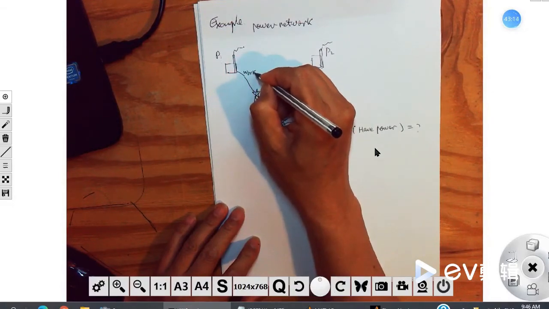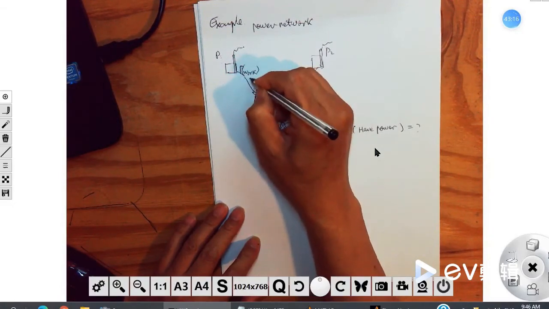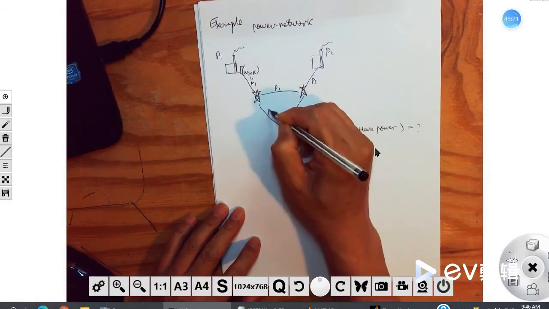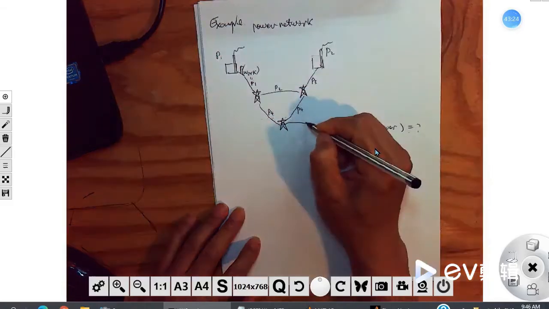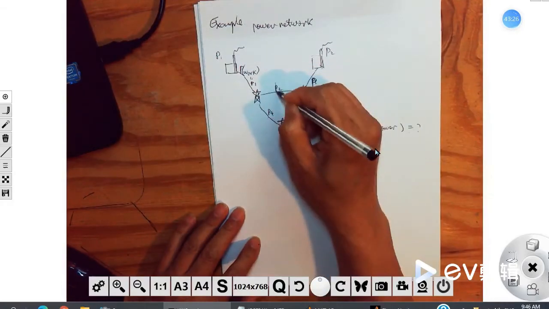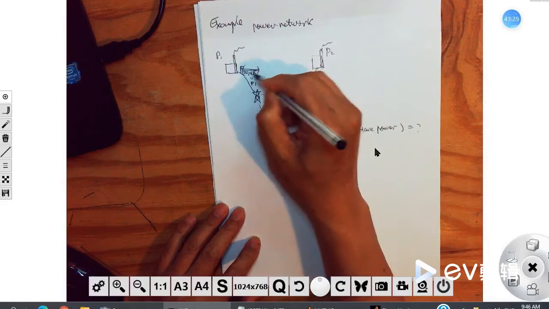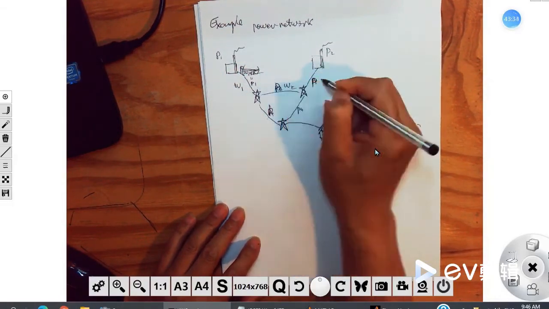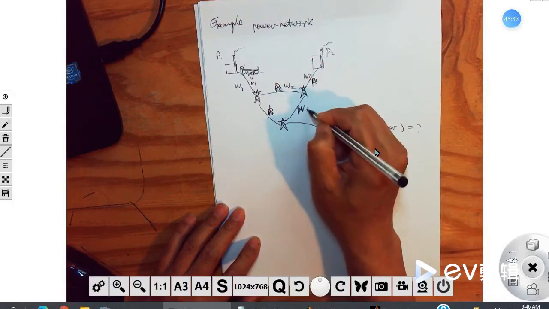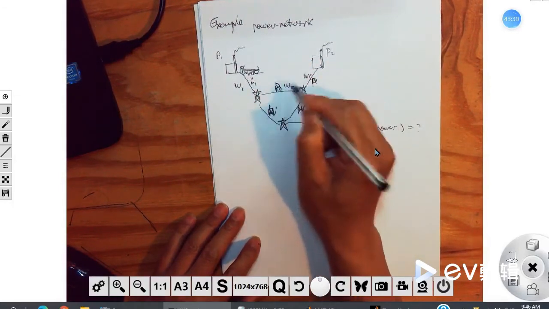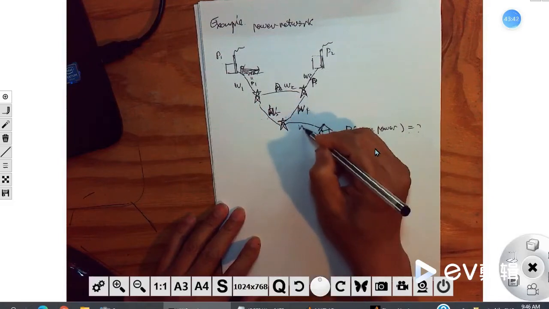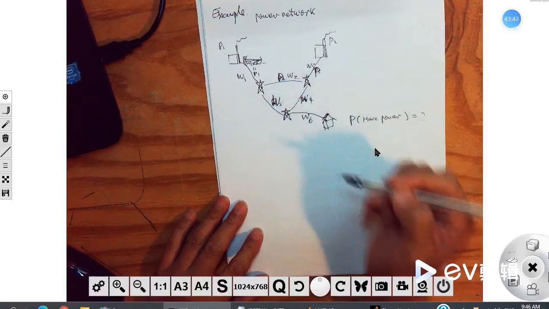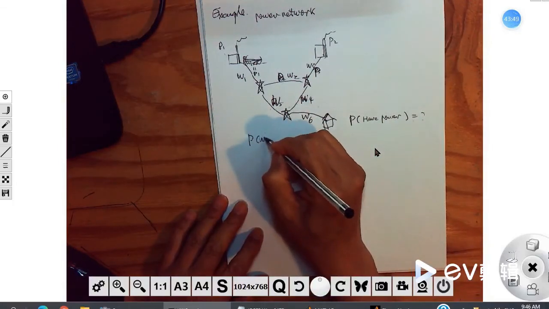The probability of working is this is P1, this is P2, this is P3, P4, P5. Okay, all of them are P. Like this. This is wire 1, wire 2, wire 3, wire 4, wire 5, and wire 6. Oh, we have six wires, six paths, right? And P is the probability a wire works.